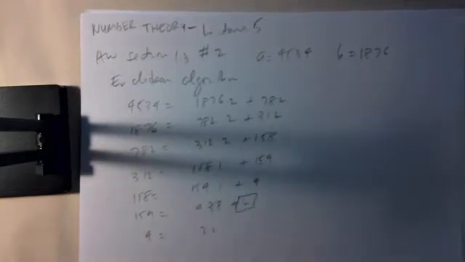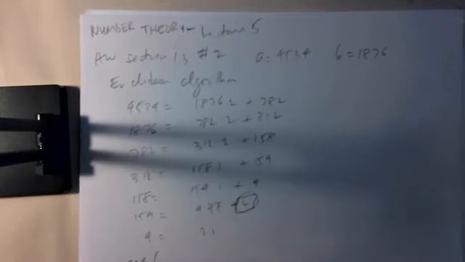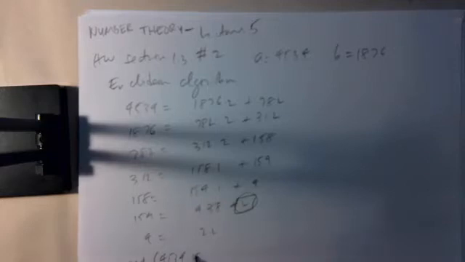So the last non-zero remainder is 2. So the GCD of 4534 and 1876 is 2.